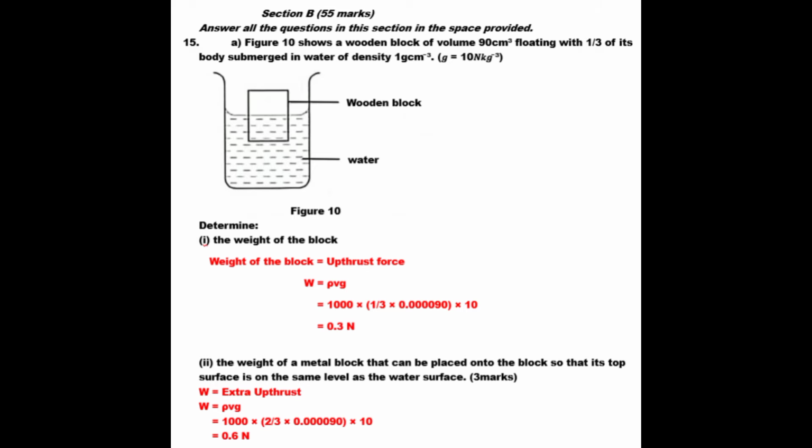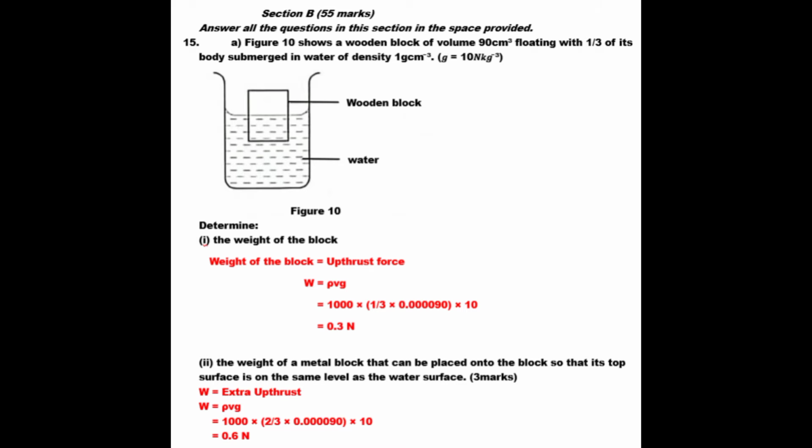So because this block is floating, we apply the law of flotation, whereby we can say the weight of the block must be equal to the upthrust. In other words, downward force is equal to upward force. The weight is equal to upthrust, and that means weight will be given by rho Vg, where rho is 1,000, the density of the liquid.